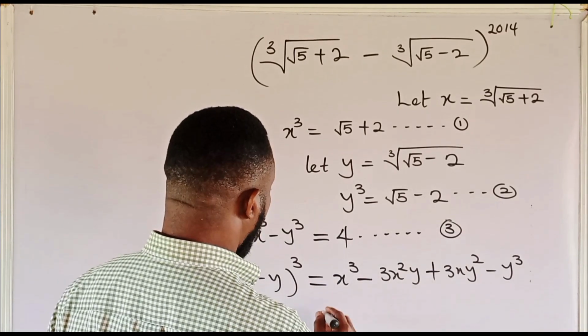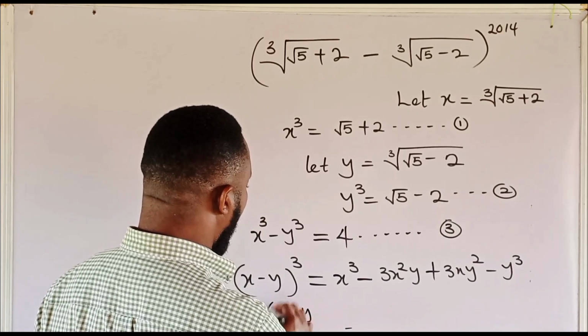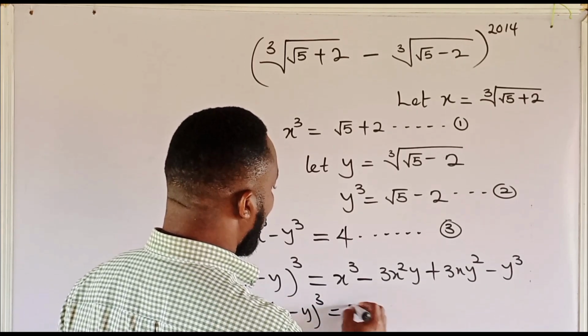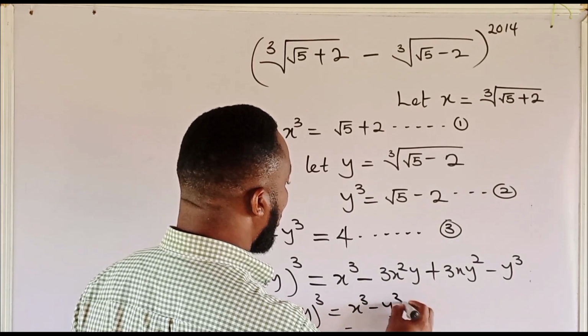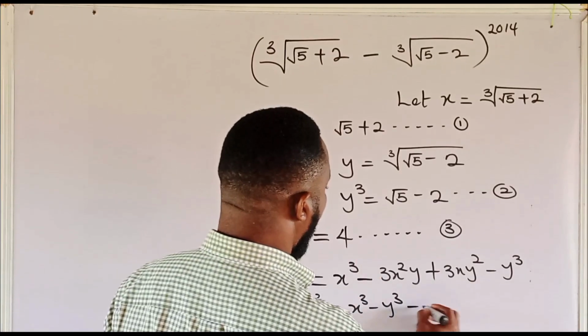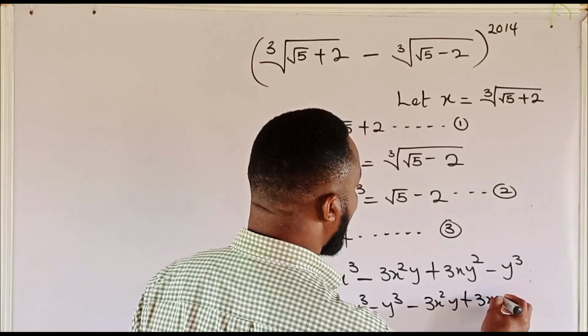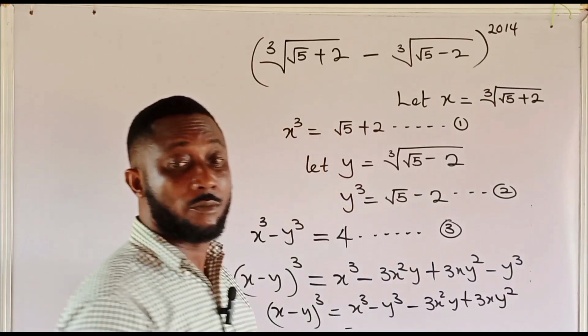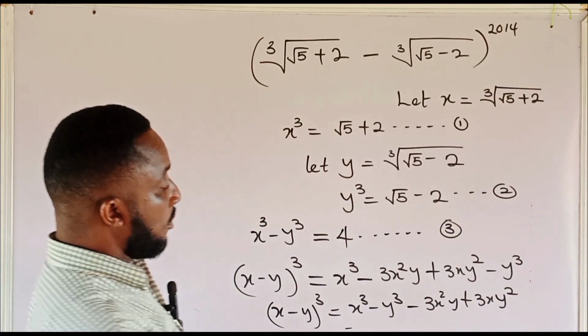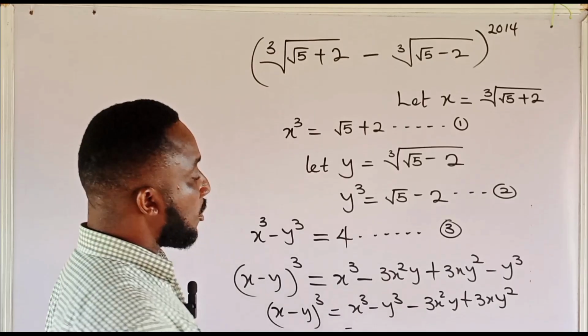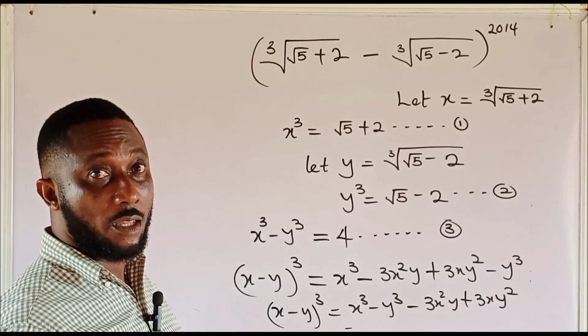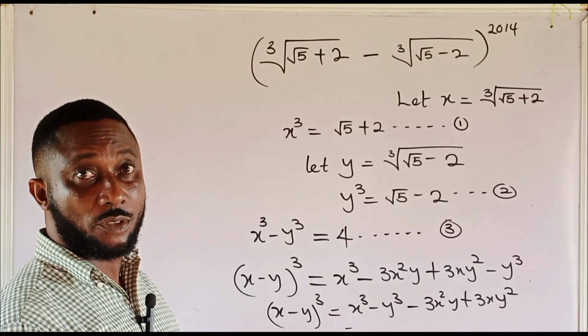So I can start to say s minus y cubed equal to s cubed minus y cubed minus 3s squared y plus 3sy squared. So if I make s cubed minus y cubed the subject, that's the killer punch.